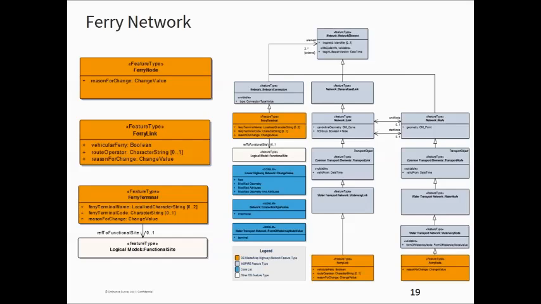I would like to start with the ferry link feature. The ferry link represents a network link for routes for a vehicular or pedestrian ferry route. In terms of attribution for the ferry link, you have the normal common attributes, and then attributes such as centre line geometry, which gives you the three-dimensional geometry that represents the connection between the ferry terminals.